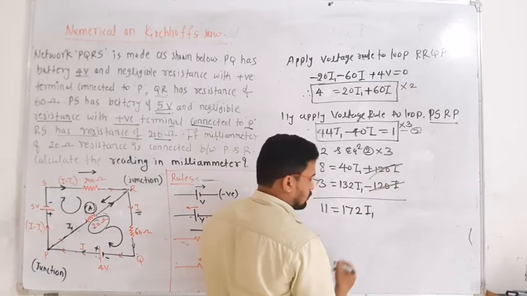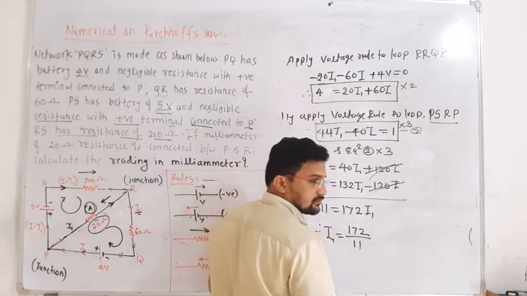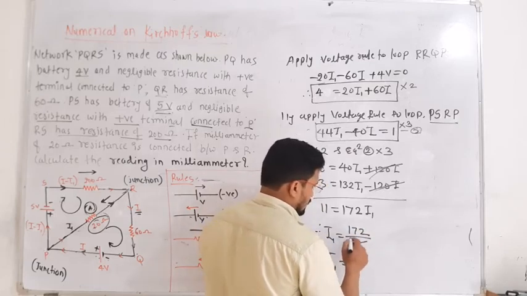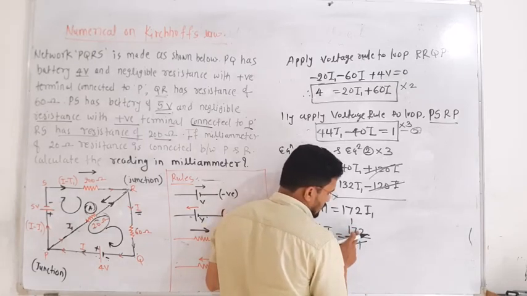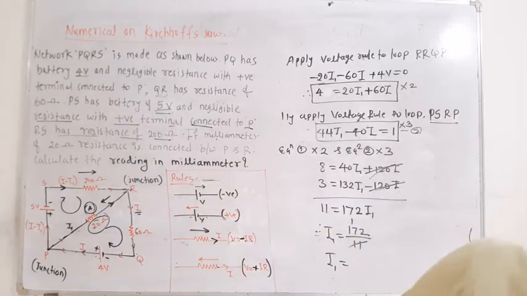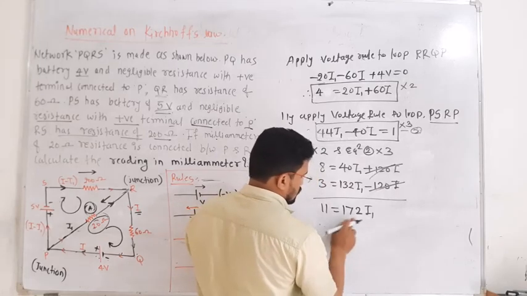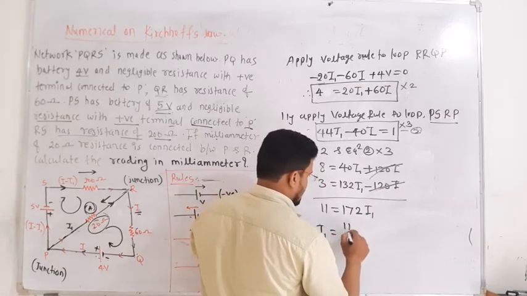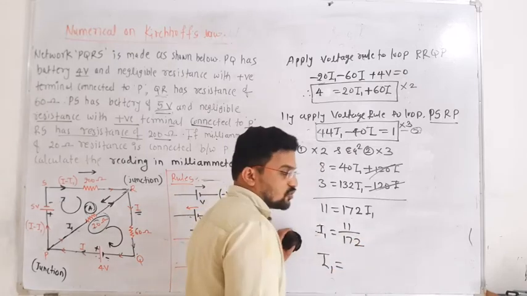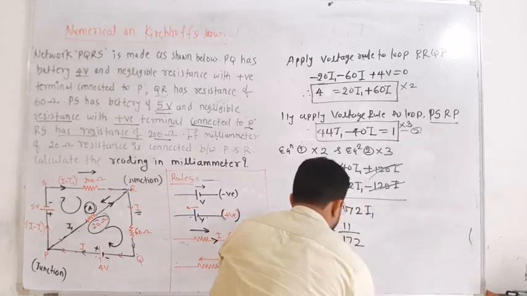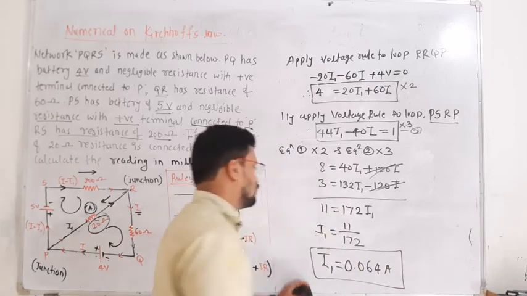Because these two cancel out, therefore I1 is equal to 11 divided by 172. If you solve this, you will get 0.064, 0.064 ampere, and that is what you need.